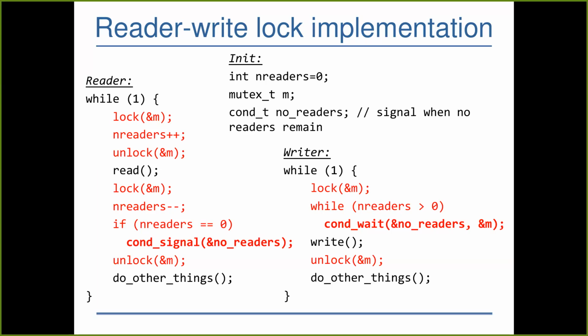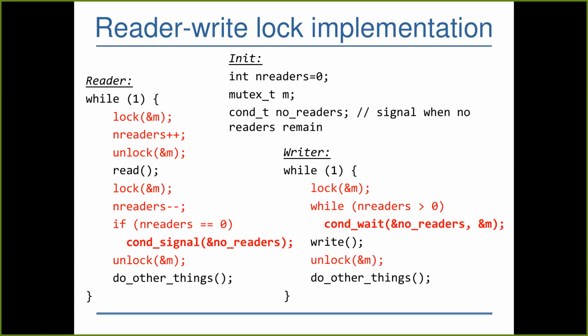What will happen to other readers? They will block on the very first line, when they try to grab the mutex, but they are unable to do that because the writer is currently holding the mutex. The writer, unlike readers, will not release the mutex until it's done with the critical section.